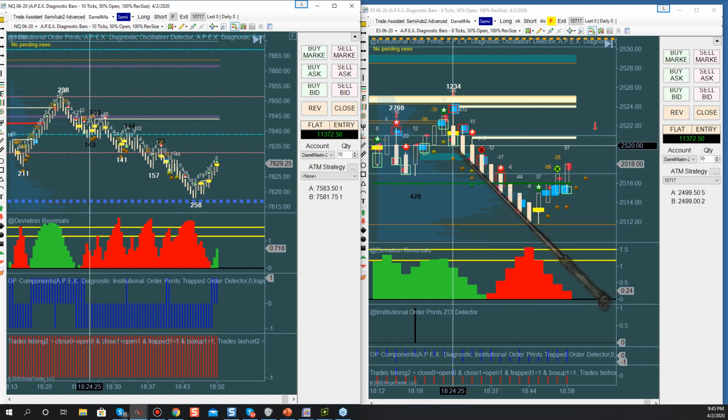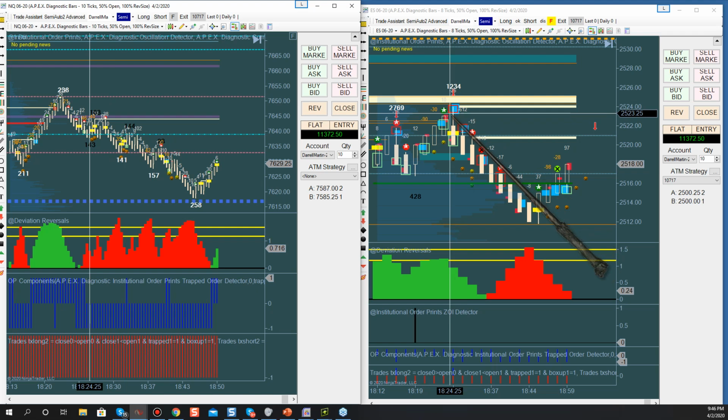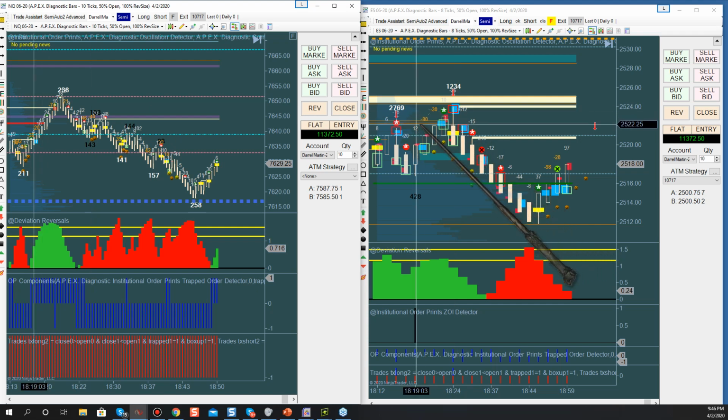So that could be a short or a long. This was a short because we had a short X box. What else did we have on this trade right here? What do you see about this trade that makes it a good trade? We got a whole stack of mini magnets. It's an ETX. We got OD divergence.